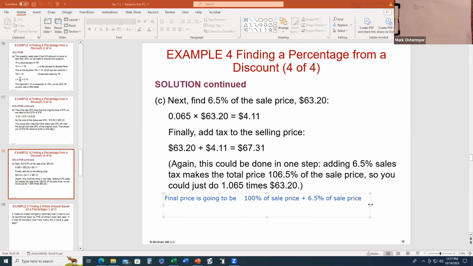You see that there? Which is to say, ladies and gentlemen, that the final price is going to be 100% plus 6.5% of sale price. Which is to say it's going to be 106.5% of the sale price. Is this making any sense here?